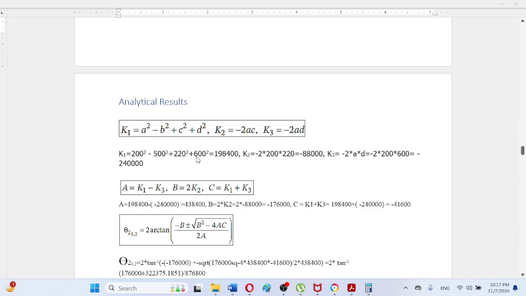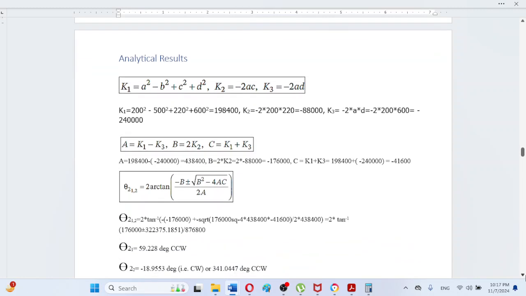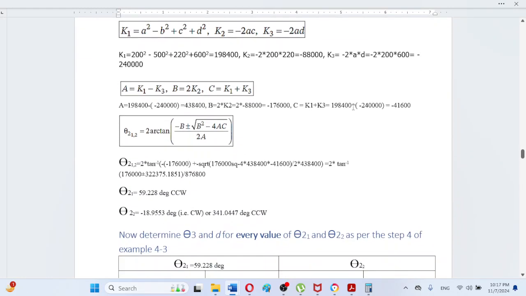So analytical formulas are given here, K1 and K2, and these calculations you can do yourself. In this way all A, B, C have been calculated, and this is the formula for the crank angle output, because theta2 is the crank location. There will be two values for the crank angle, theta2 subscript 1 and theta2 subscript 2.